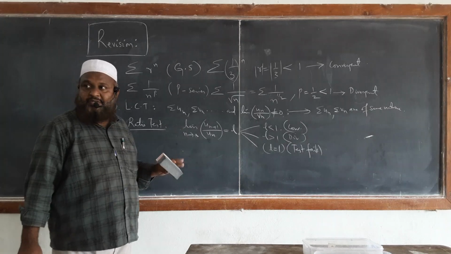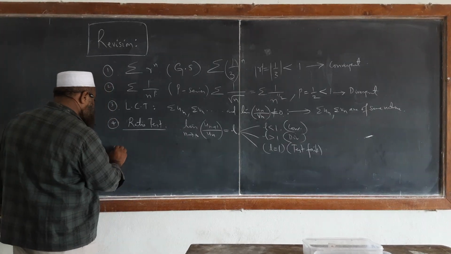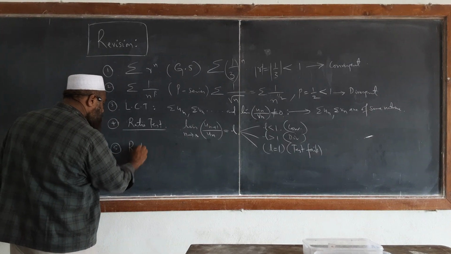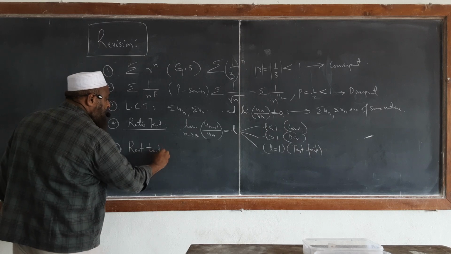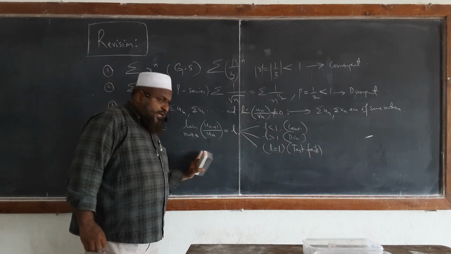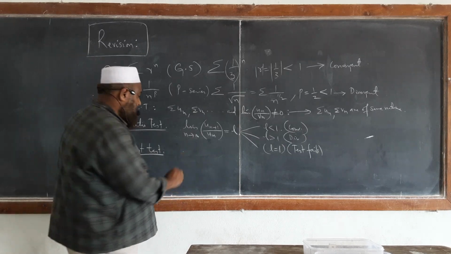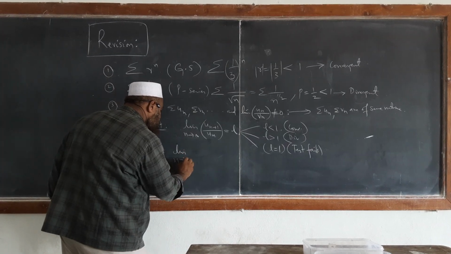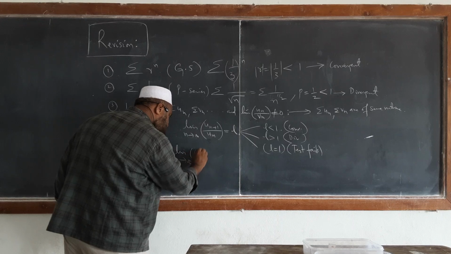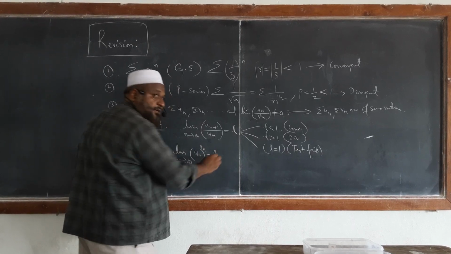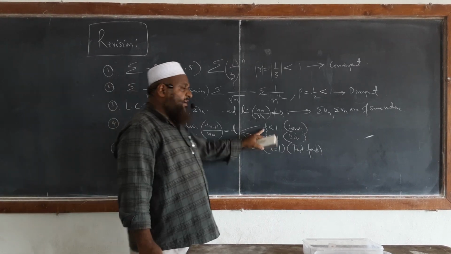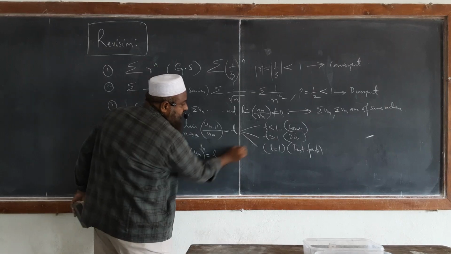Coming to next, root test. What is that root test? Come on, tell. Same, sigma un is a series of positive terms and limit n tends to infinity un whole power 1 by n is equal to L. Same thing, same conditions. So I am just attaching that here.